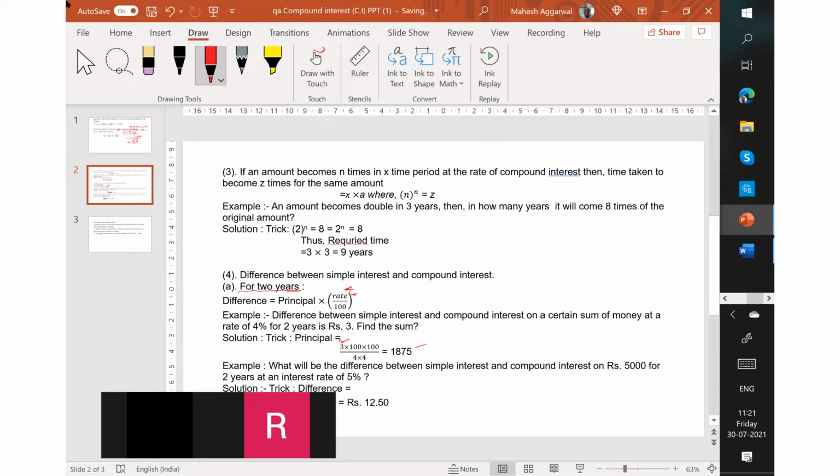There is another example given here. I will ask you to do this as an exercise. What will be the difference between simple interest and compound interest on ₹5,000 for 2 years at an interest rate of 5%? Please use this formula and give me the answer.